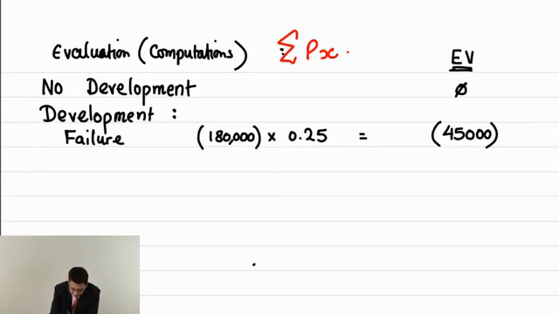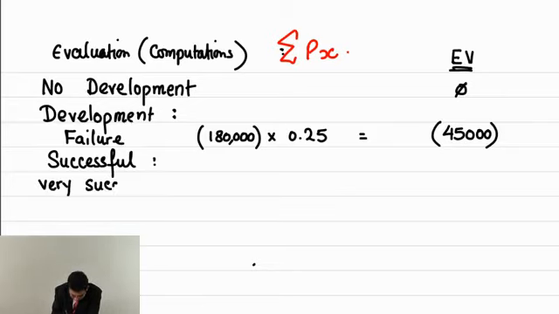But what if we don't fail? We become successful in development. If we are successful in development, then one of three things may occur. We may have very successful marketing, we may have moderately successful marketing, and we may have a failed marketing.